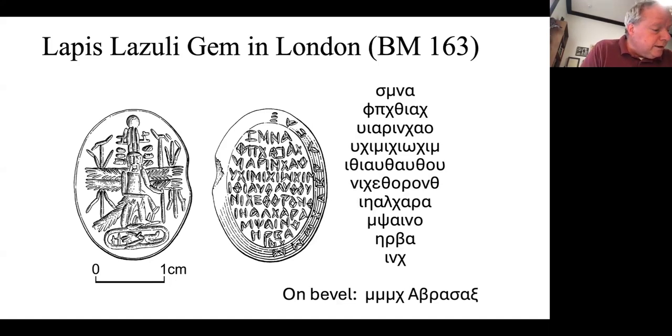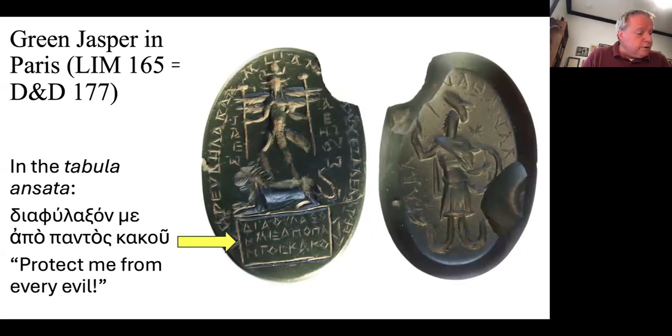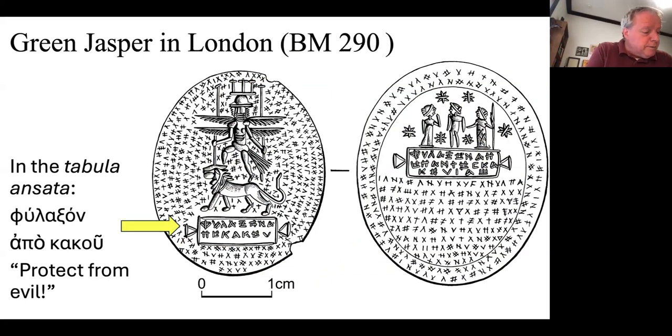They're usually oval and have the image of the Pantheos on the obverse, and on the reverse magical names and or a request of some sort, as we see on this lapis lazuli gem that has a long list of magical names ending with Abrasax on the bevel, or this large green jasper in Paris, as well as several other larger gems in the British Museum that depict this pantheistic god in a more complicated scene standing on a rampant lion, which in turn stands upon a tabula ansata, within which are inscribed versions of the plea, protect from evil.